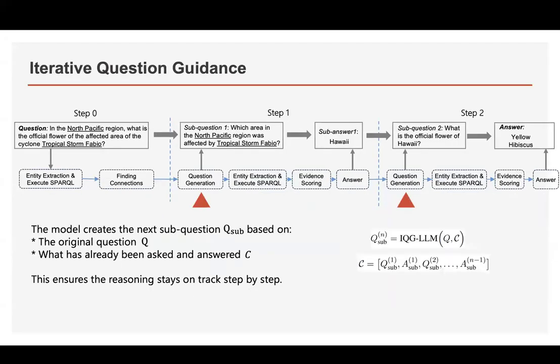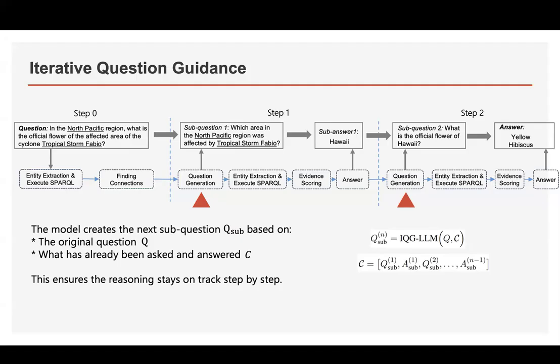Now I will talk about this module, how it generates sub questions. Here, I use one LLM. The input is the original question and some context. The context is a sequence of the previous questions and previous answers.